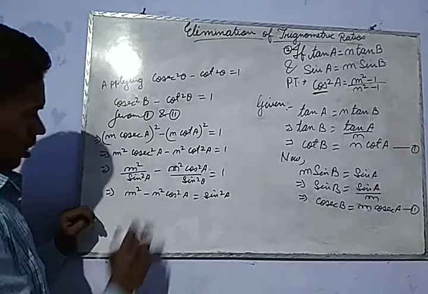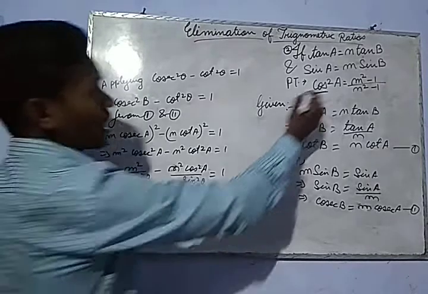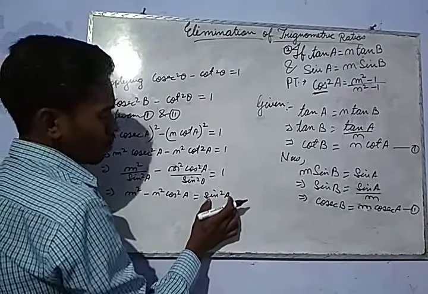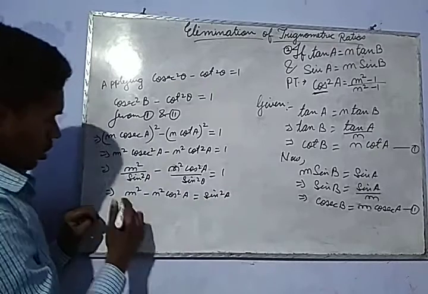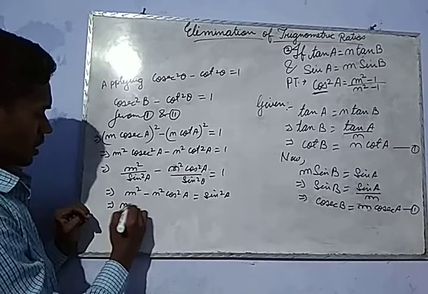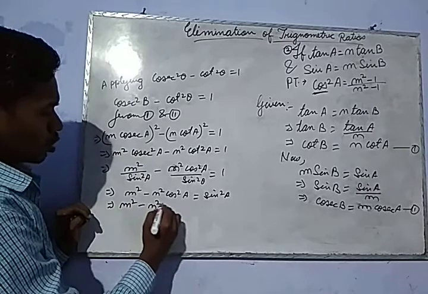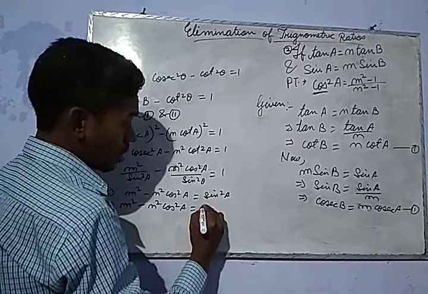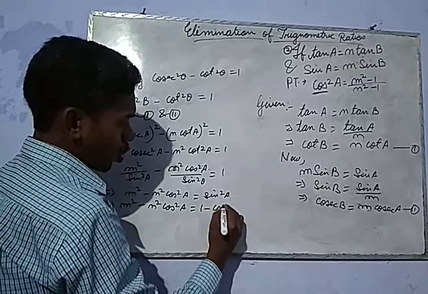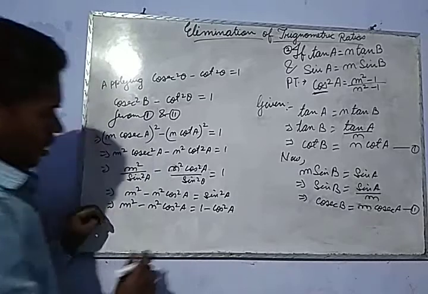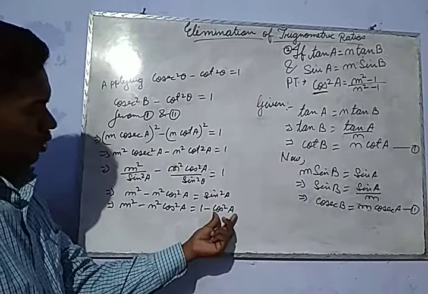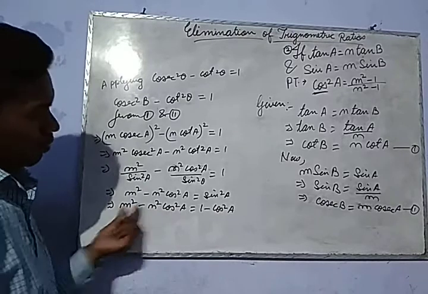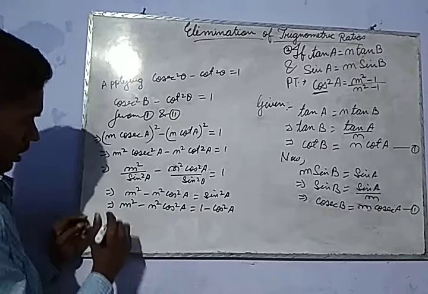Now you see we need to get cos. Sine should not be there in the equation, so we convert sine into the form of cos. That is m square minus n square cos square A equals 1 minus cos square A. We move this cos square to the other side, and this m square we move to the other side.